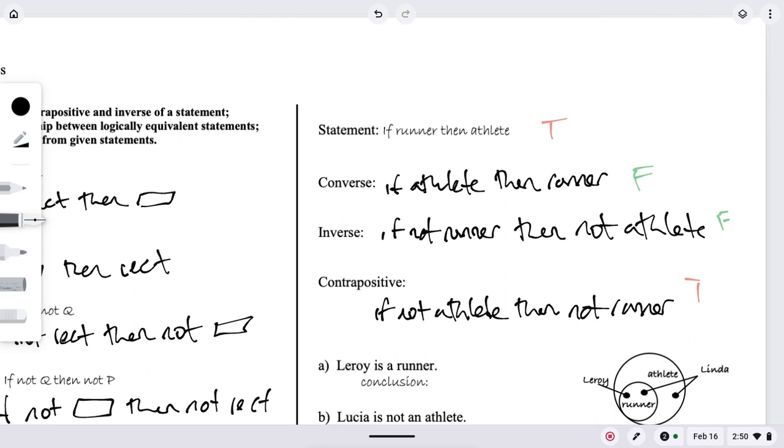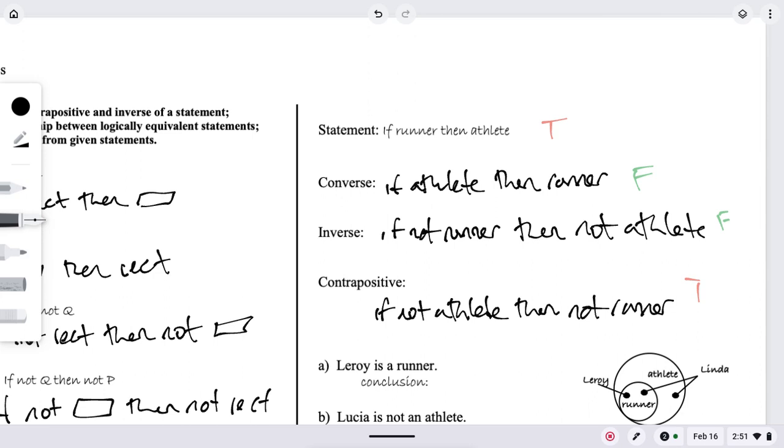I do agree with that statement, since if you are not an athlete, there's a good chance you're probably not going to be a runner. So again, it doesn't really matter what your opinion is. You might have thought all of these things were true, or maybe you thought that the original statement was false when I thought it was true. It's up to you.